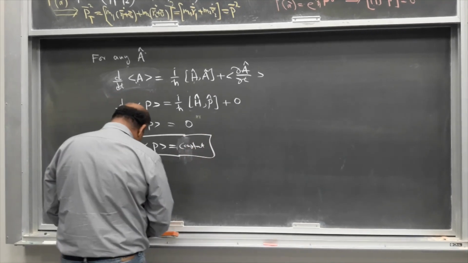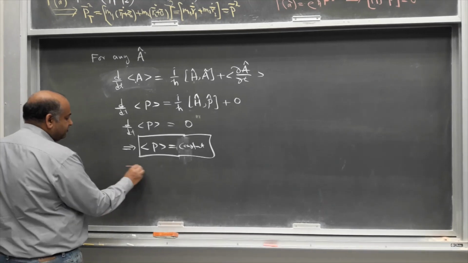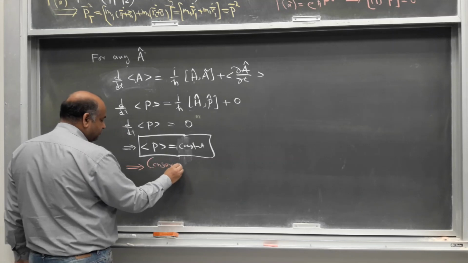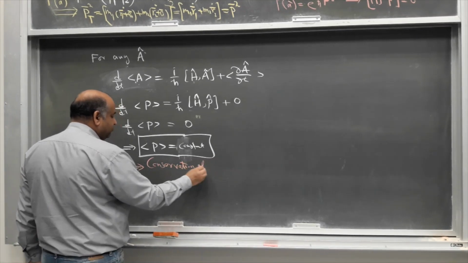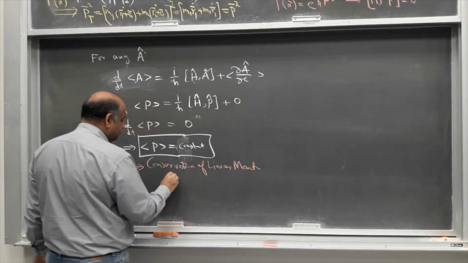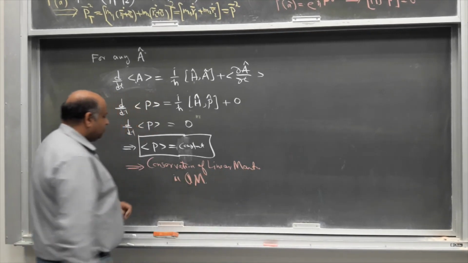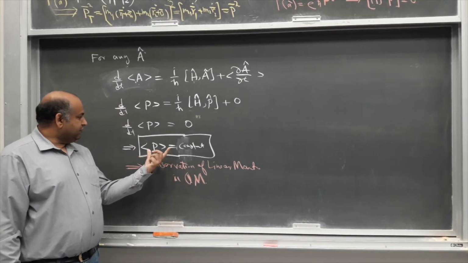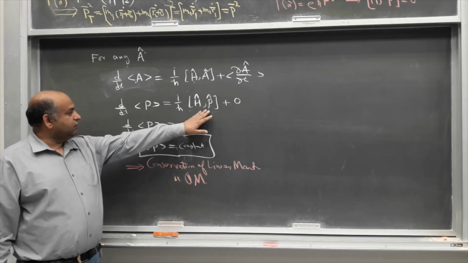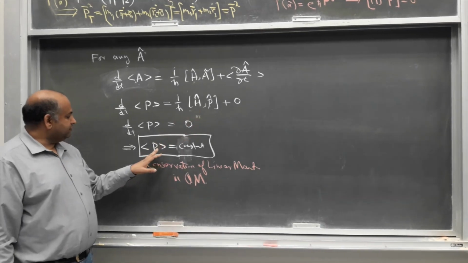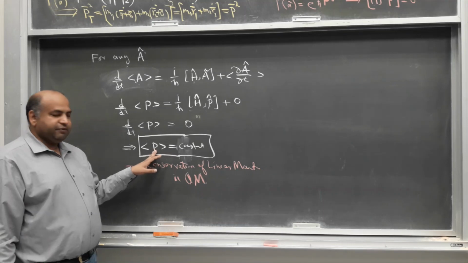And this is the statement of the conservation law of linear momentum in quantum mechanics. So what we concluded is that for any Hamiltonian which commutes with the total momentum operator, that system has a constant value of the expectation of the linear momentum.